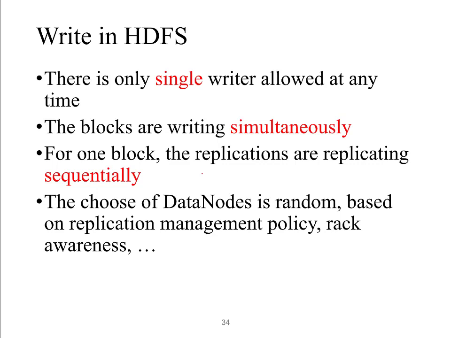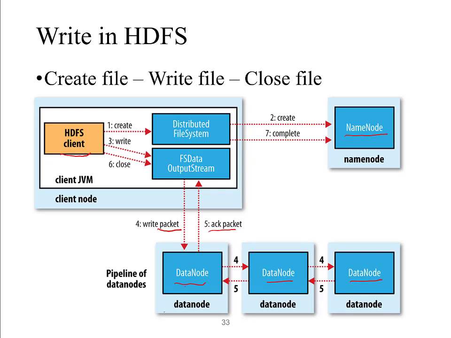The second point is that the blocks are written simultaneously. So if a file contains multiple blocks, they are written simultaneously. But for one block, the replications are replicated sequentially, as you have seen in this figure.